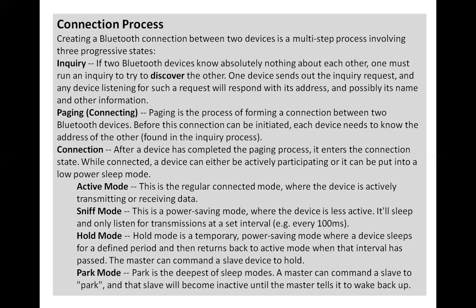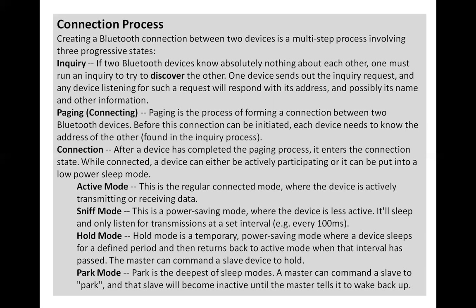One device sends out the inquiry request, and any device listening for such a request will respond with its address and possibly its name and other information. So this is about the inquiry carried out by the devices.